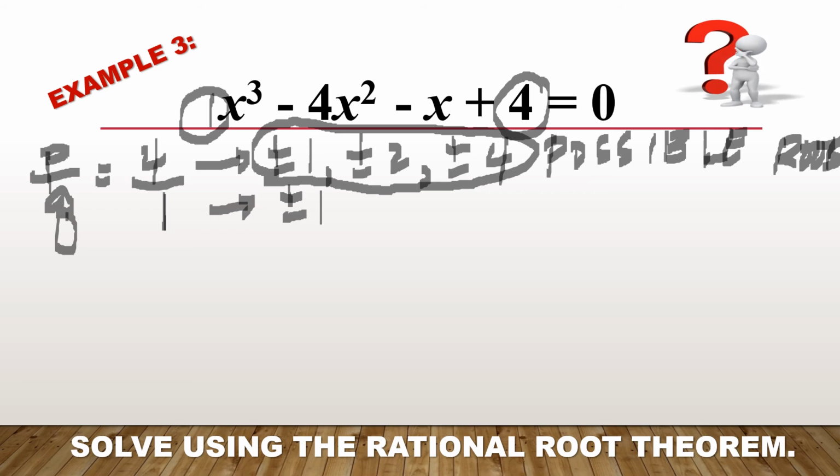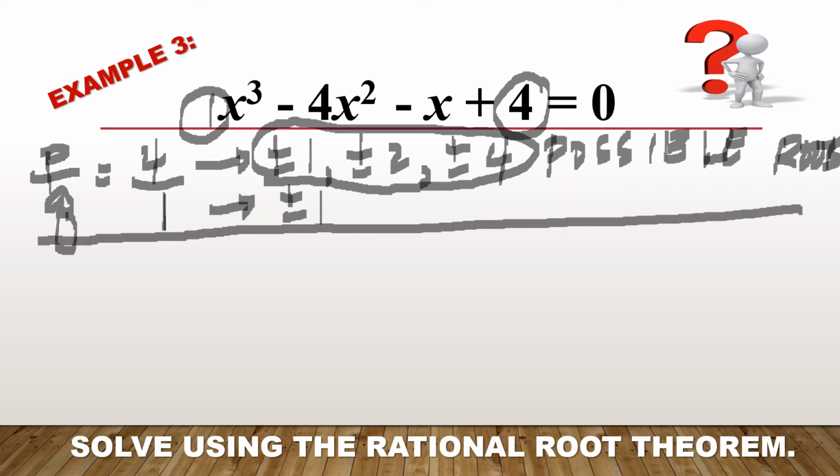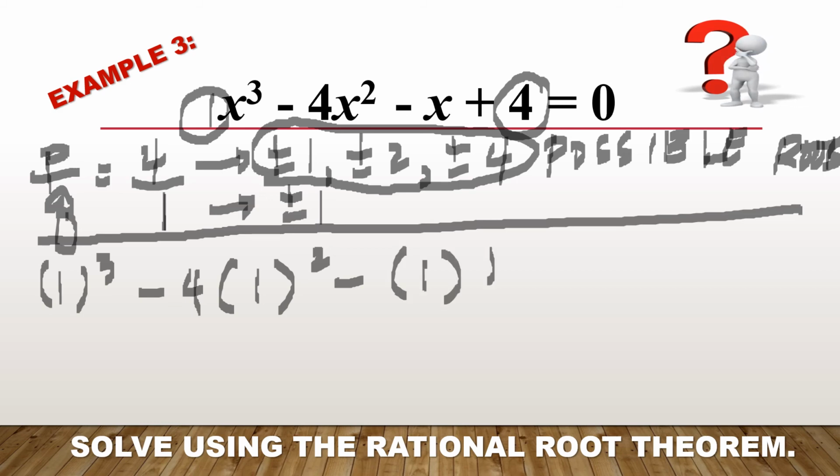It's up to you what method you want to use, whether synthetic division or remainder theorem. But for me, I prefer the remainder theorem. So let's have first positive 1. Let's replace this: 1 cubed minus 4 times 1 squared minus 1 plus 4.